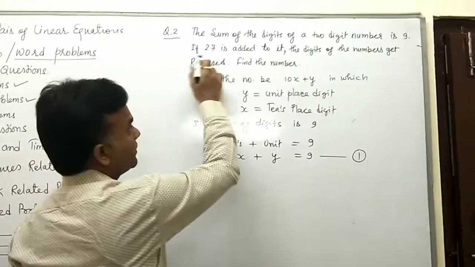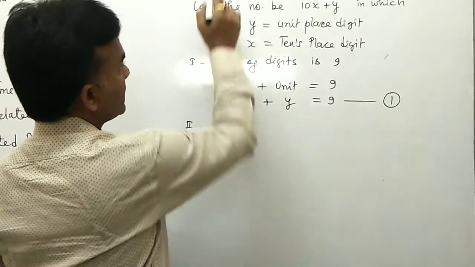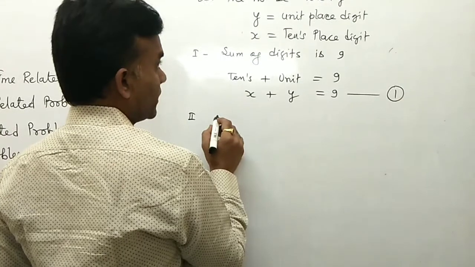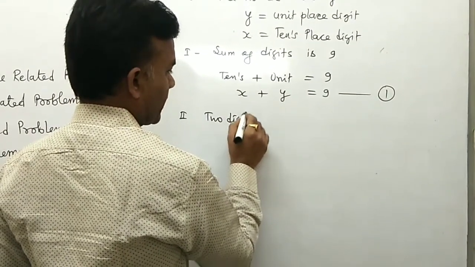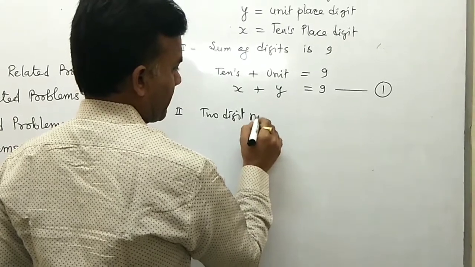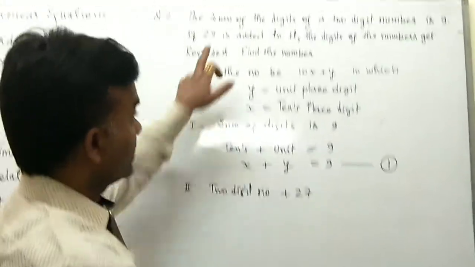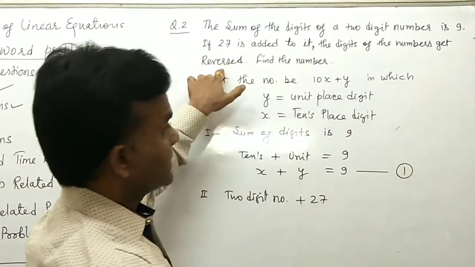Now read out the second condition. What is the second condition? 27 added to the number. So the 2-digit number plus 27, because 27 is added to the 2-digit number, and the digits get reversed.